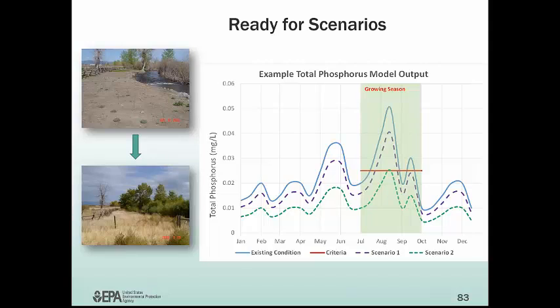the solid line at the top there, where the highest phosphorus is, is called the existing condition. Remember, that's actually the calibrated model result. So in this plot, the person didn't put the measured condition on here, but that existing line is actually the model's estimate of the existing condition.